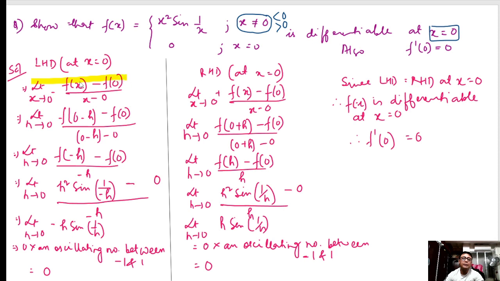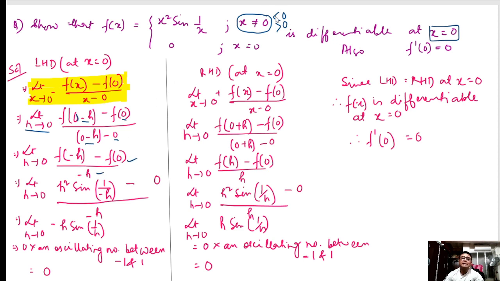The left hand derivative, limit x tends to 0 minus, because I am testing at 0. So in place of x I will put 0 minus h. So h tends to 0, that is f(0 minus h) minus f(0). In place of x I will put 0 minus h, which is minus h.